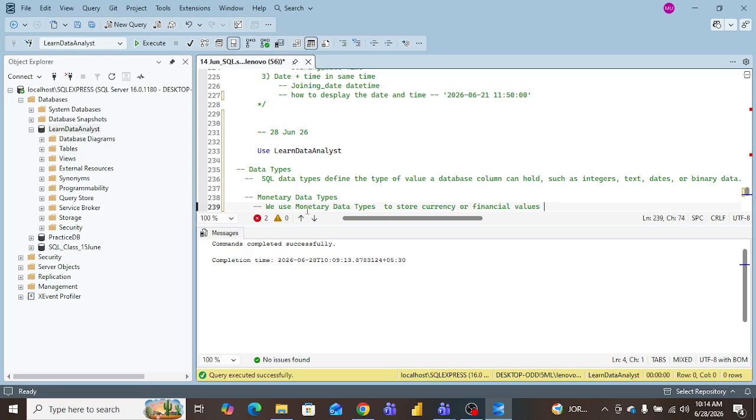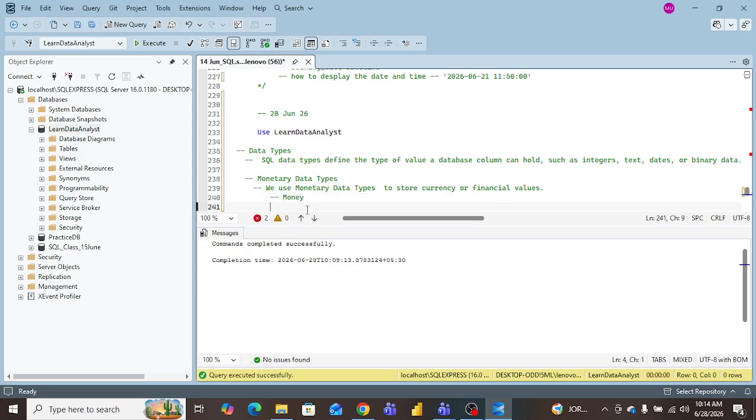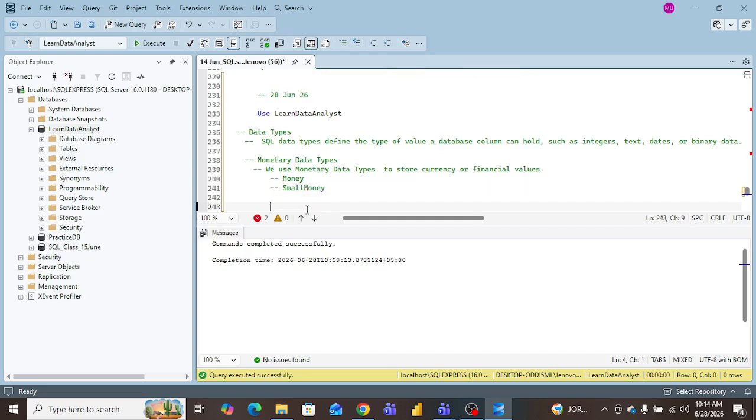So what are financial or currency values? You have to understand. One is money, which we use every day. Secondly there is small money, which everyone uses.